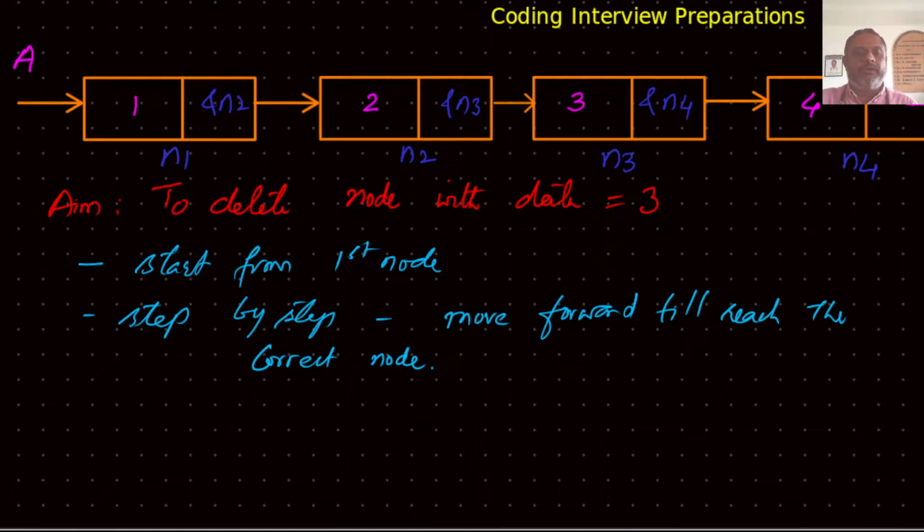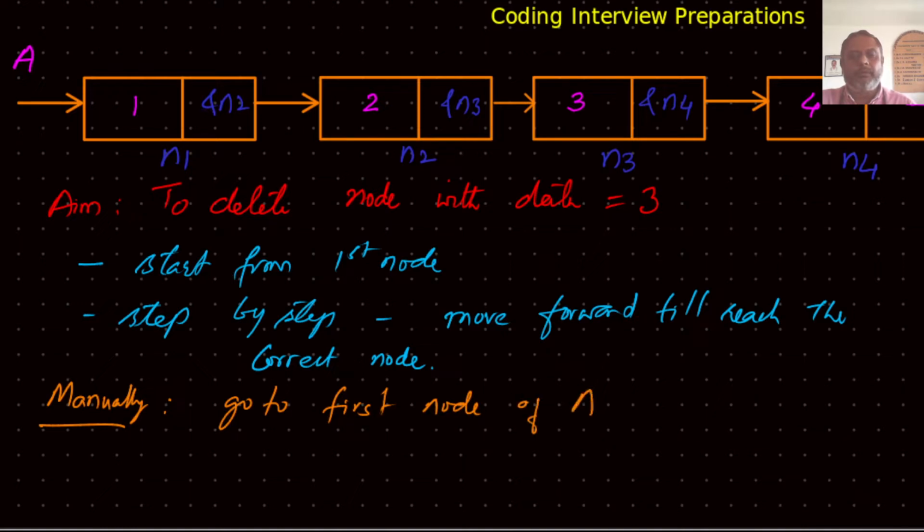Okay, so let's do it manually first and see how this works out. We go to the first node of A. Done.